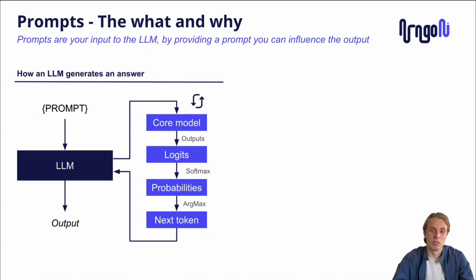And so I have the repeat icon here because this process is done for each new token that you generate. So you might have as your prompt, write me some marketing copy for my business, and the output is that full set of copy for your product, for your business. What is actually happening is for each token of that, or each word that you're seeing of that generation, we're running this process repeatedly.